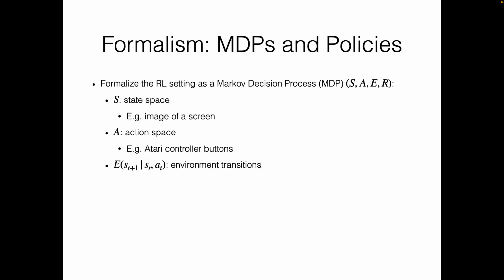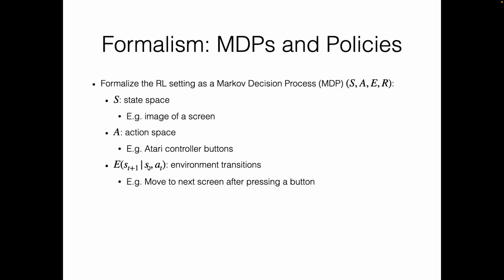Then you have these transitions. This is basically modeling, or assigning notation to, the underlying environment. For instance, when you press a button while playing Atari, the system is going to generate some new state and show you some new screen.